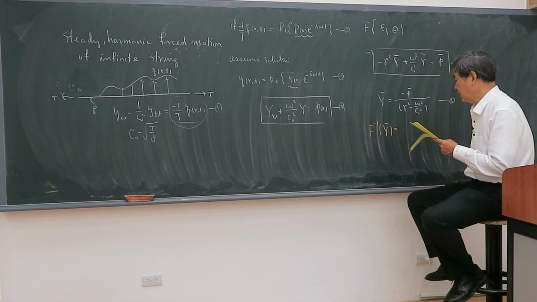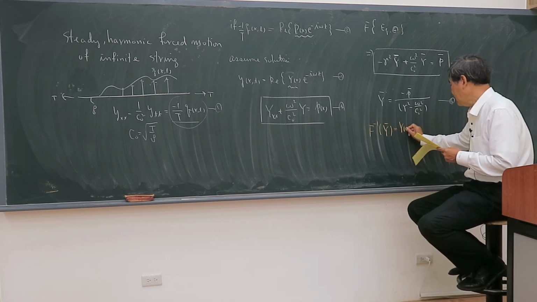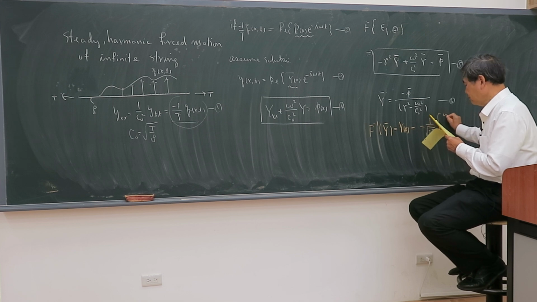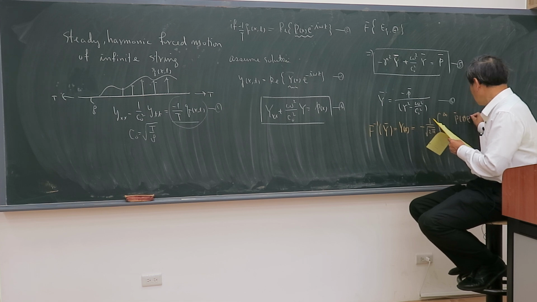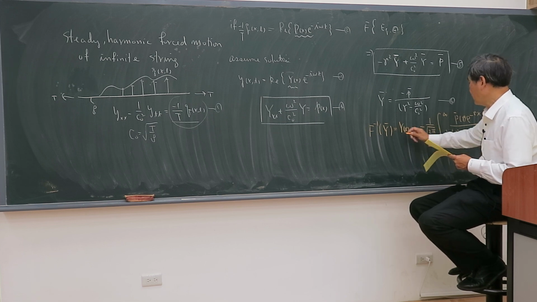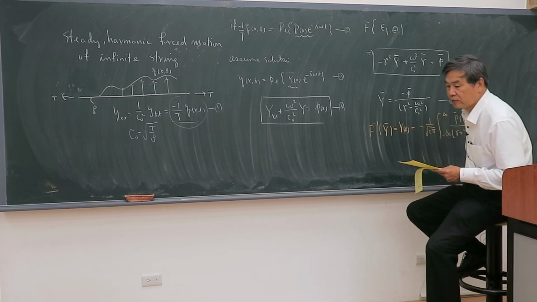Okay, now we get y(x), and it is equal to minus 1 over square root 2 pi, integral from minus infinity to infinity of p bar(gamma) e to the minus i gamma x over (gamma plus omega over c0) times (gamma minus omega over c0) d gamma. So this is the inverse function for the Fourier transform.